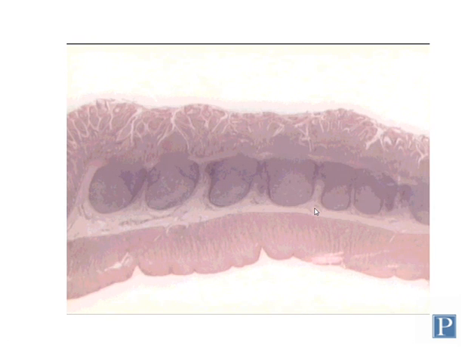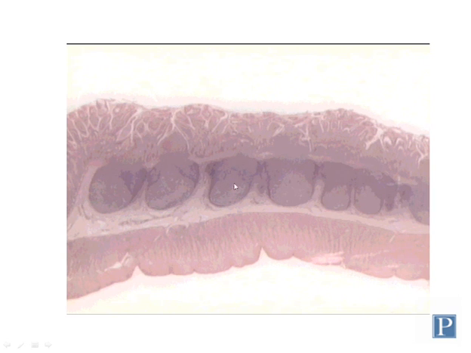This is a section of the ileum where we have a macroscopic structure known as Peyer's patch. Peyer's patch is a collection of lymphoid nodules, so we would not call these solitary lymphoid nodules, but rather we have a cluster of lymphoid nodules.